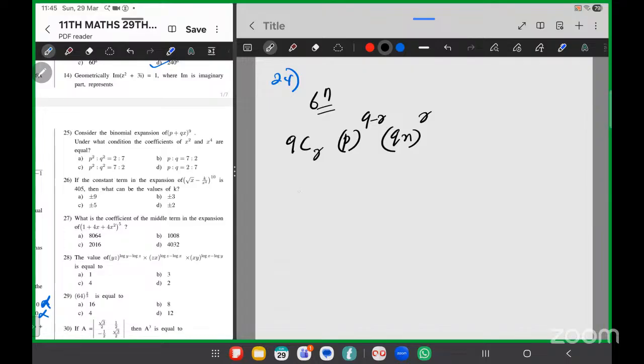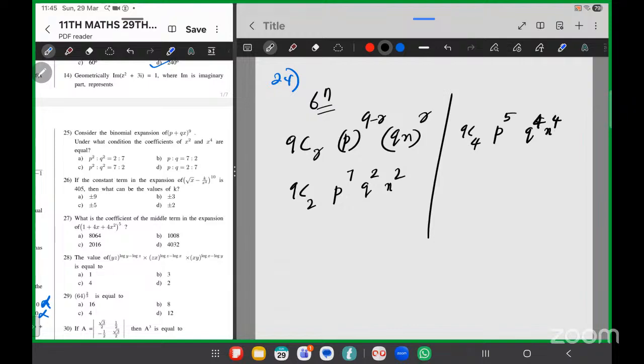If you want to get x square, I have to put r equal to 2. So 9C2 p raised to 7 q square x raised to 2. Similarly, for x raised to 4, 9C4 p raised to 5 q raised to 4 x raised to 4.